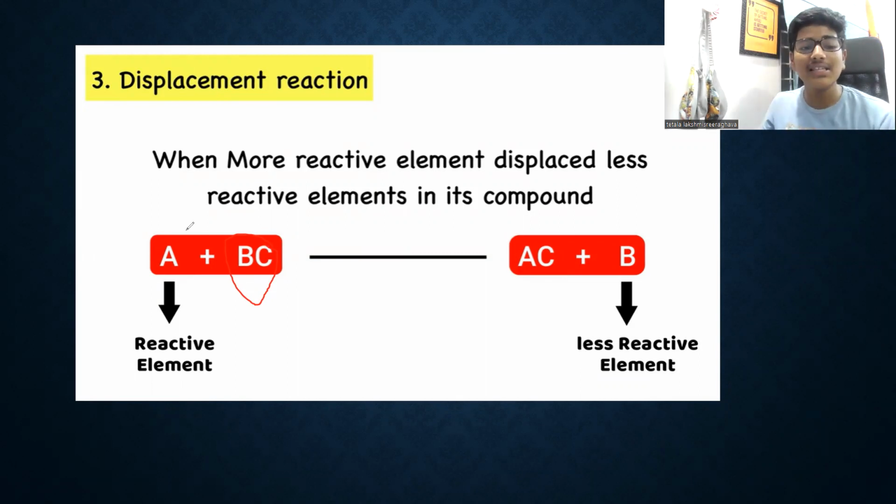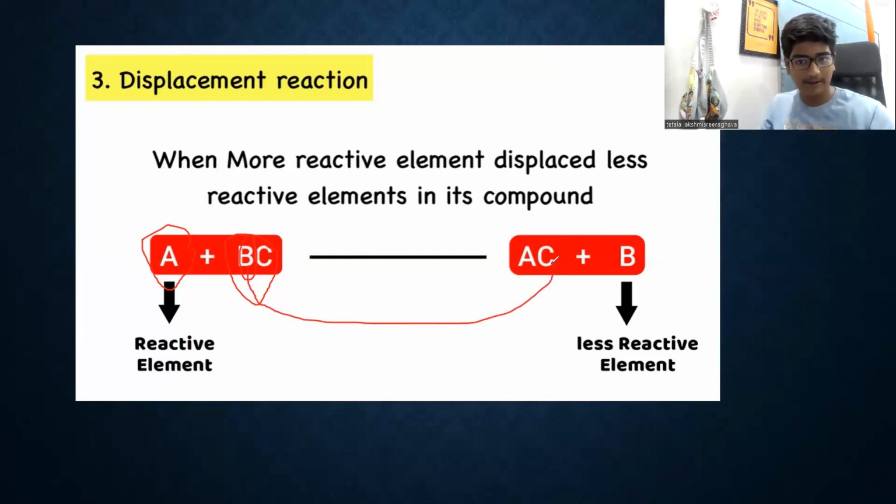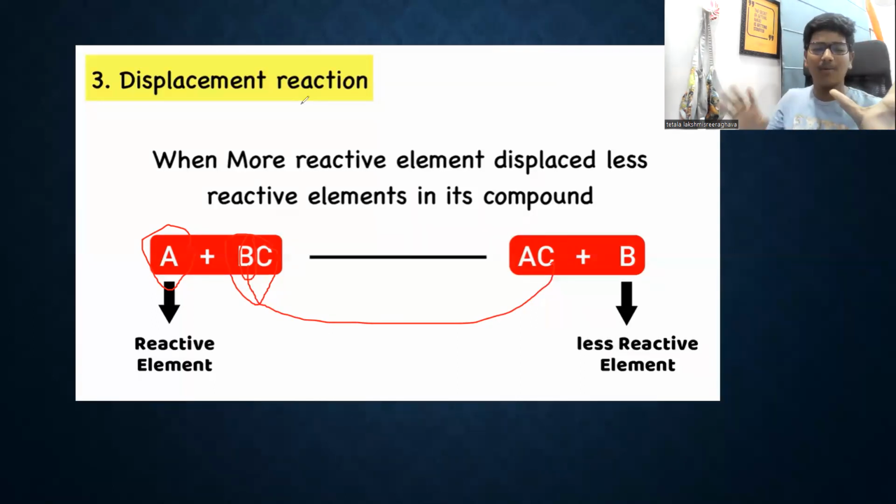Now, the next year, a girl or a boy named A came, who is richer than B. Now, unfortunately or fortunately, B is replaced with A. Wait, this is quite confusing. Let me say a normal example.